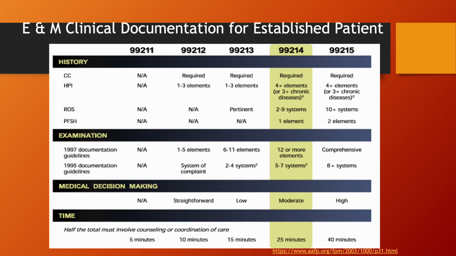But what the literature has shown us is that most individuals, especially advanced practice providers, undercode. We may be doing and documenting 99215s, however we undercode and bill a 99213. Many may say, well, that's okay, because at least we're safe.